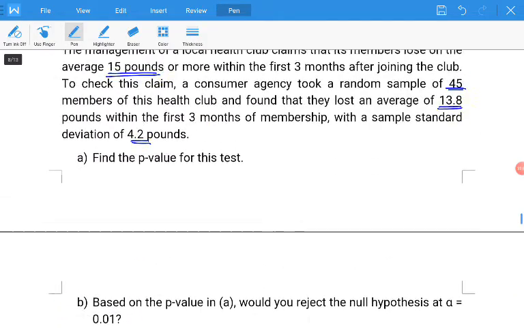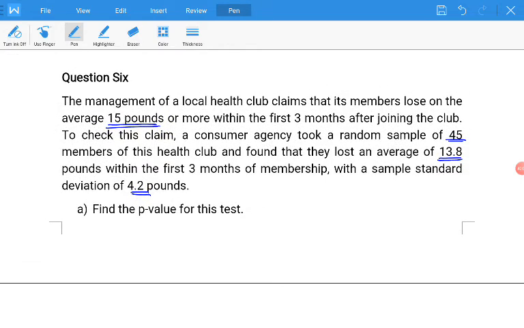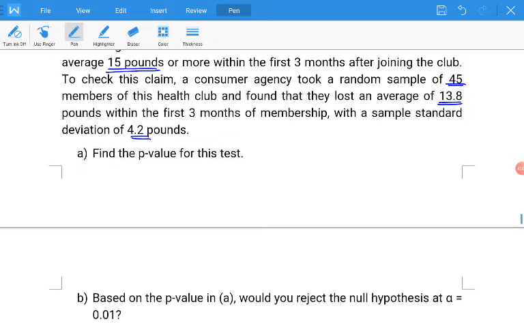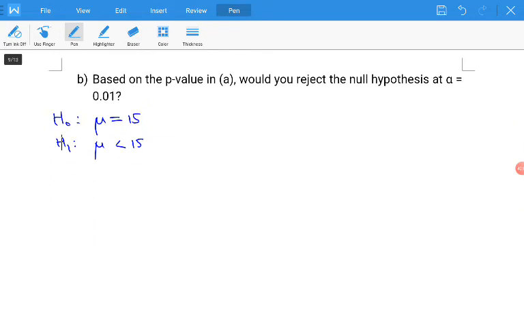Why less than 15? Because the researcher, for them to collect this information, they believe that it can be lower than this. So our alpha is equal to 0.01.